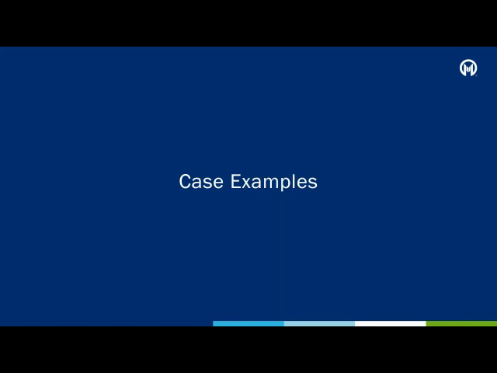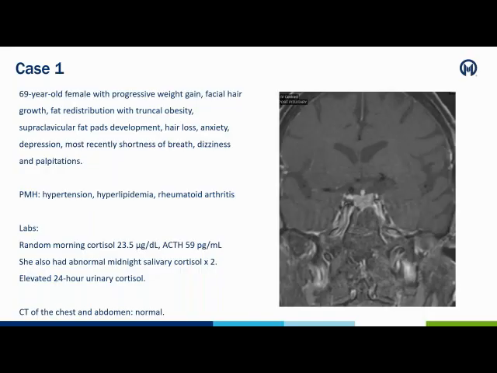So I just want to finalize with some case examples of when we used the IPSS. This was a case of a 69-year-old with progressive weight gain, facial hair growth, fat redistribution, truncal obesity, supraclavicular fat pads, developing hair loss, anxiety, depression, dizziness, and palpitations.